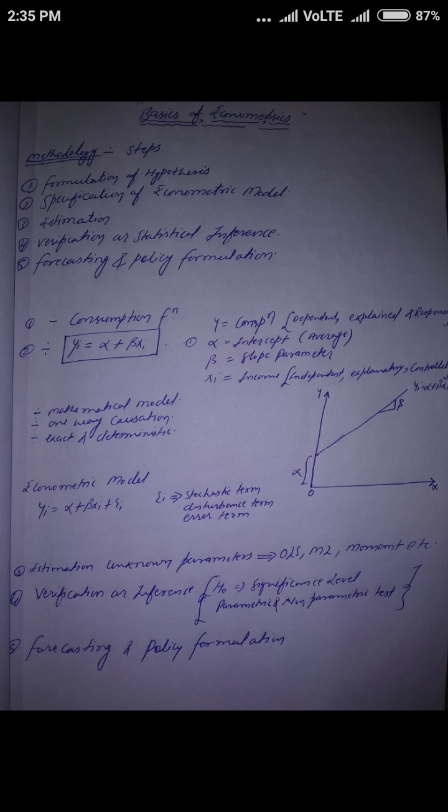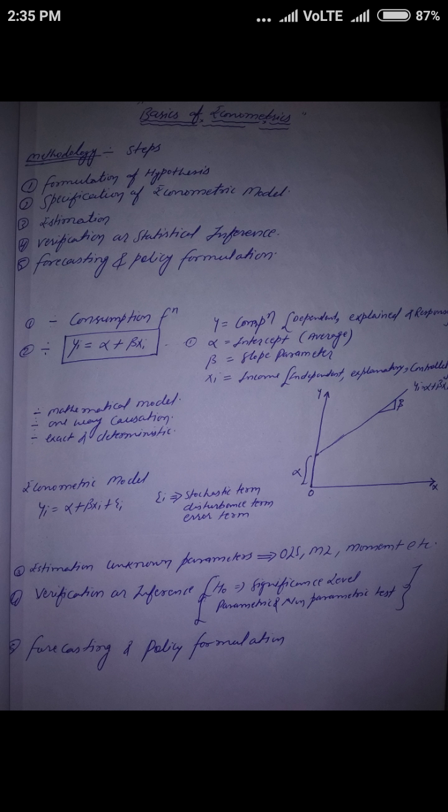So after the reformulation of the mathematical model, our model becomes an econometric model by inclusion of the error term, that is y is equal to alpha plus beta xi plus epsilon i. There are a number of assumptions with regard to our error term.